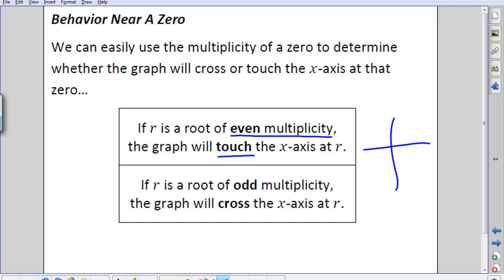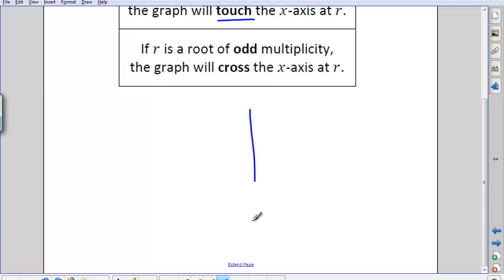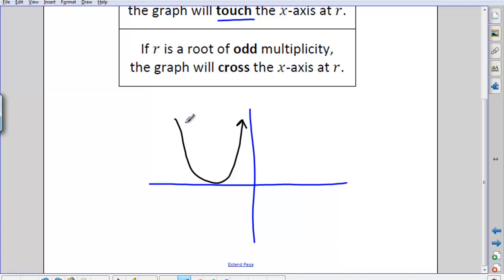So maybe we have something like this. At some x value, that would be even multiplicity at that x-intercept there, because it touches.